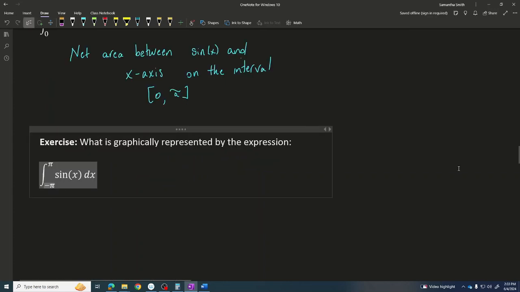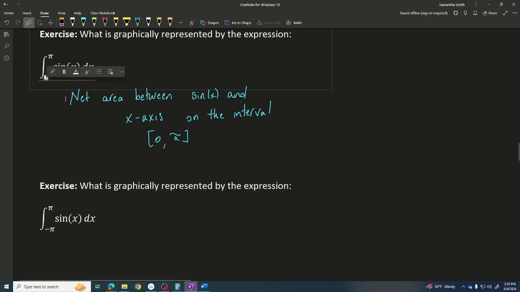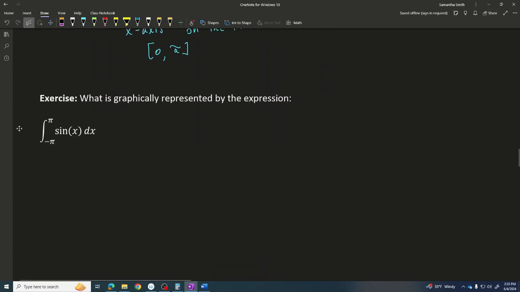I could ask a similar question about this definite integral. Almost the same, but only one thing has changed. This time our lower limit is not 0. This time our lower limit has been changed to negative pi. So someone says, what is graphically represented by the integral from negative pi to pi of sine of x?